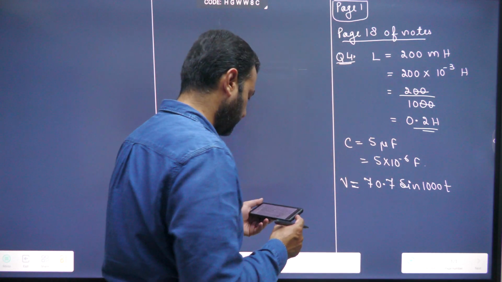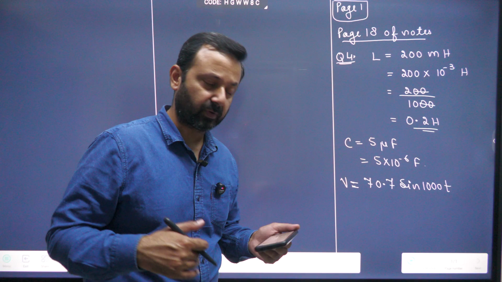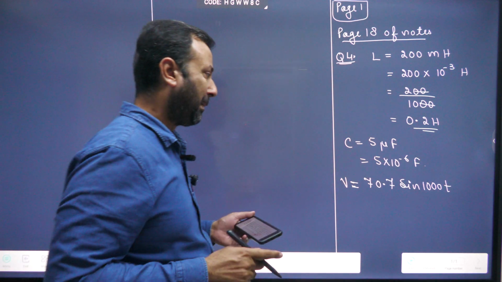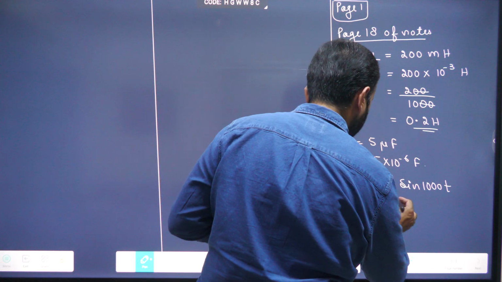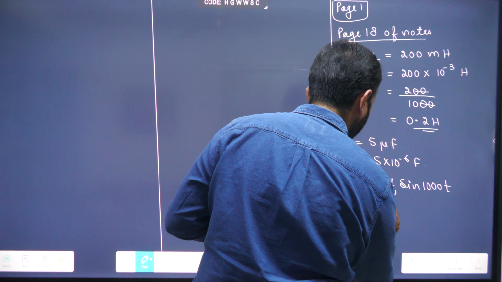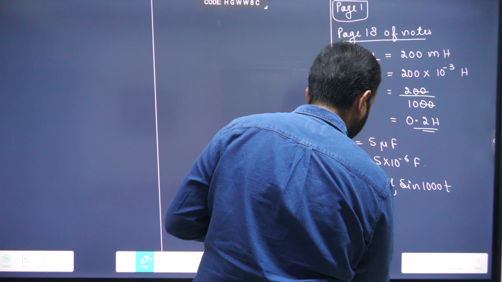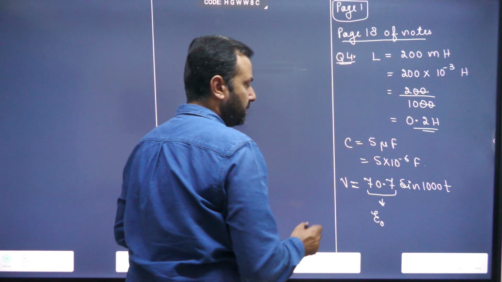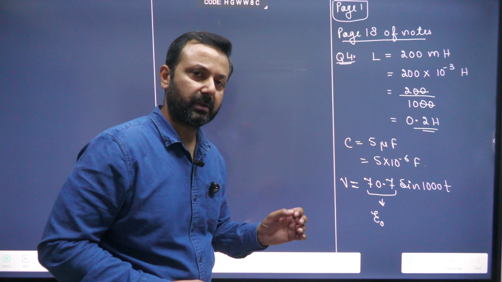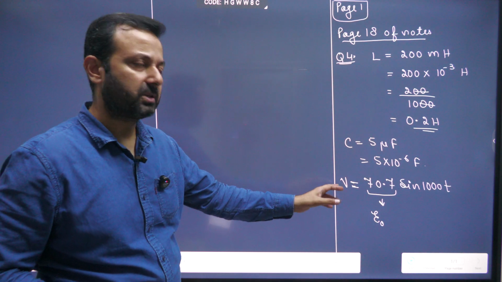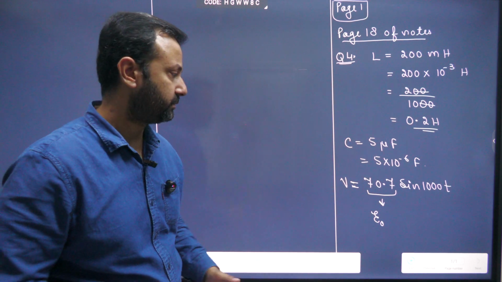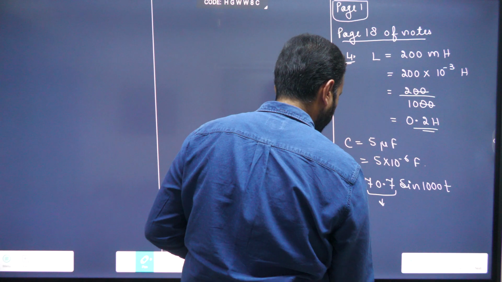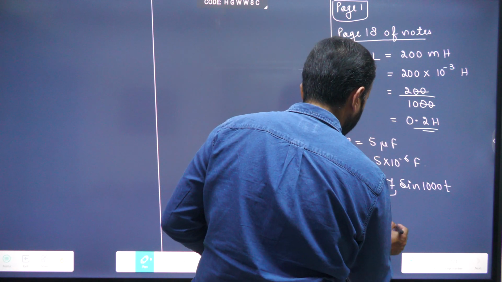Obtain the expression for the current in each case. Okay, so what is this? This one is the peak value, it is E naught. Here they have not given EMF, they have given voltage. So we can take it as V naught also.